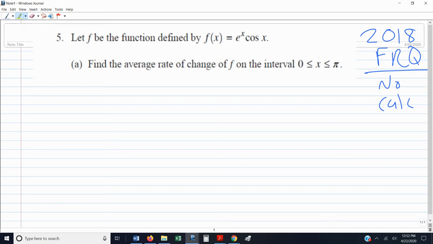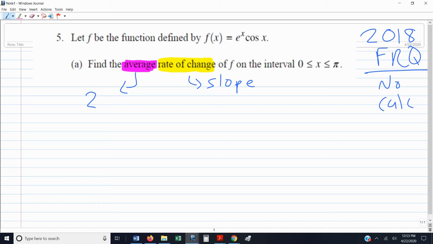So first I want to ask you, what does rate of change mean? And that is slope. And then second, what does it mean when they're looking for the average rate of change? I would ask, how many points are you going to be using?